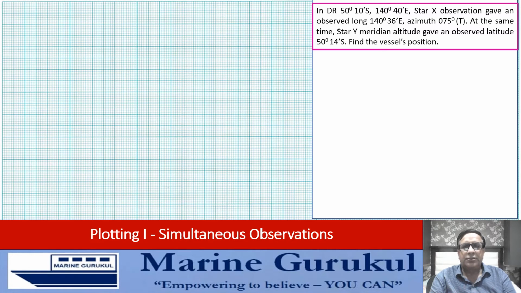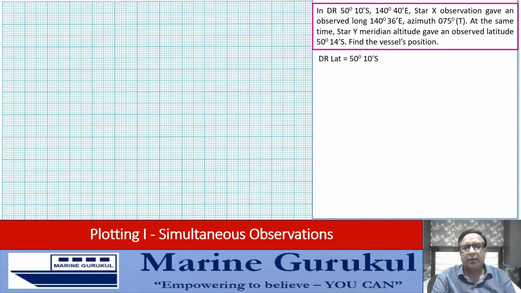So the PL shall be drawn through observed lat and DR long, perpendicular to azimuth, but in this case of meridian altitude, the PL shall be specifically east-west, and hence it will coincide with the parallel of latitude of the observed lat.